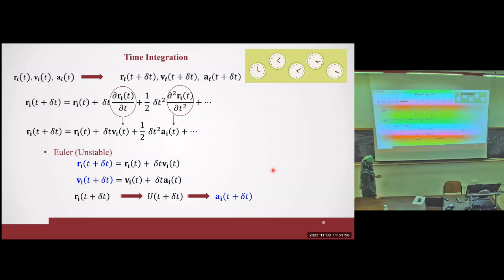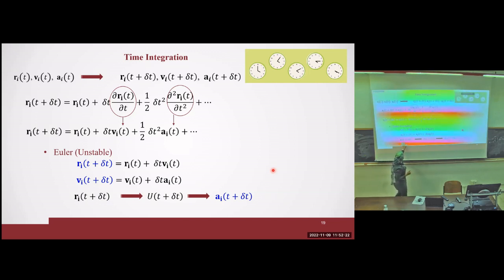Okay, it's quite simple. And then after we find this, how can we find the acceleration? After we find the position, with the position we can find the potential energy. Then with the potential energy, we find the forces. With the forces, we find the acceleration.